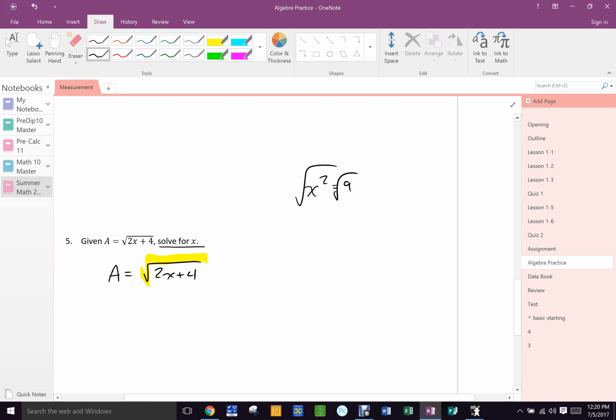I square root. Well, now I have a square root, so what do I do? Square. If I square that side, what's going to happen to that square root? It's going to disappear, leaving 2x plus 4. If I square this side, what do I got to do to that side? Square it. So that's going to become a squared.